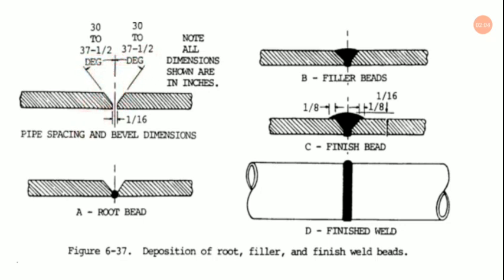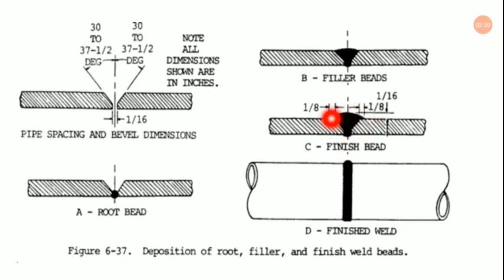Now this is the root bit, as you can see over here, and here are the filler bits. The filler bits are on the upper side, and the root bit is on the lower side of the two joining metals. Now the finish bit. Here you will find the finish bit.